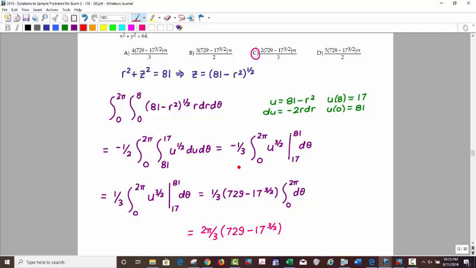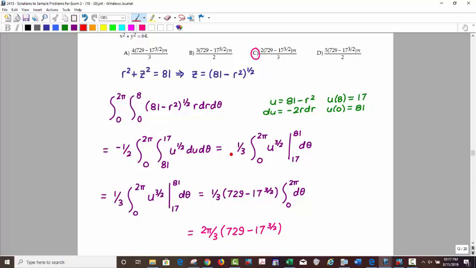That gives me 2/3 u to the 3/2. So 2/3 from that power rule times this 1/2 would make it 1/3.